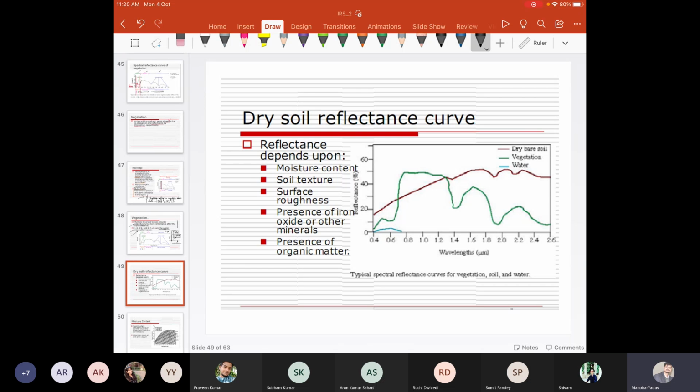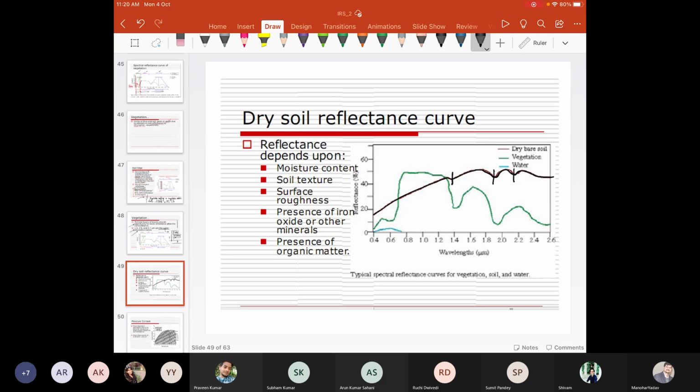Now we discuss the spectral signature of dry soil, and this red curve indicates how the reflectance changes with respect to wavelength in the case of dry soil. Again, you can notice the valleys here, first, second, and third. It is again due to water, because though it is dry soil, we can expect some amount of water there.